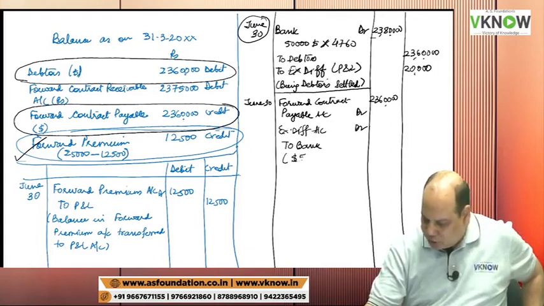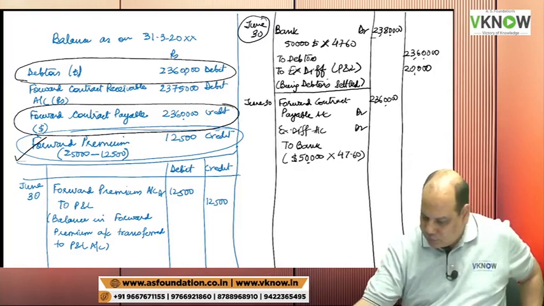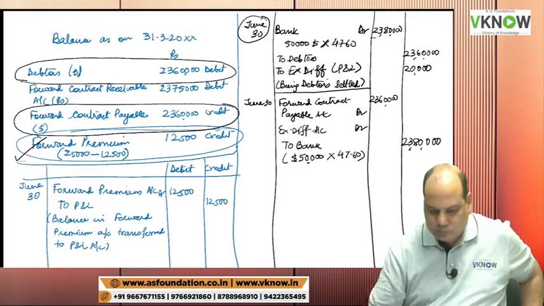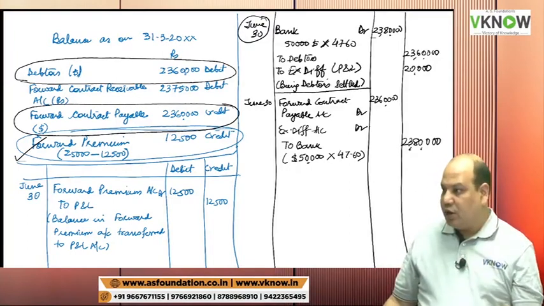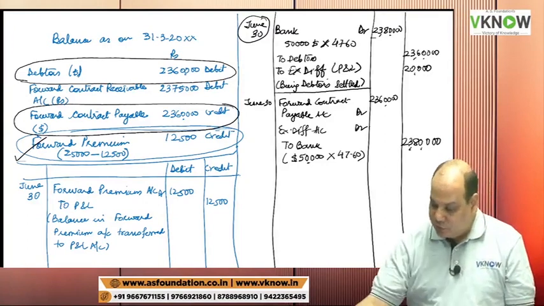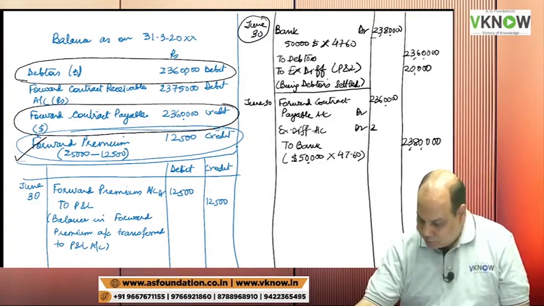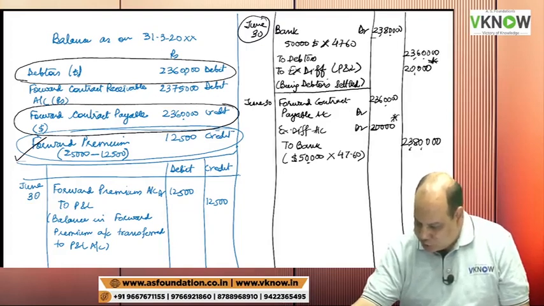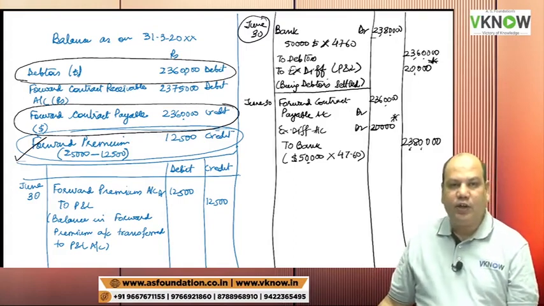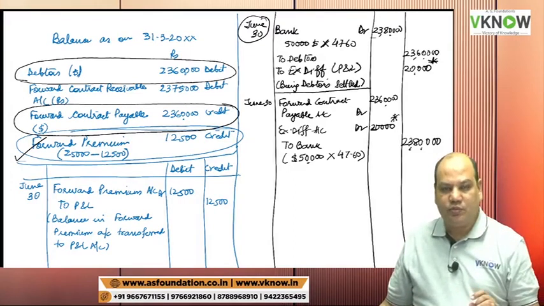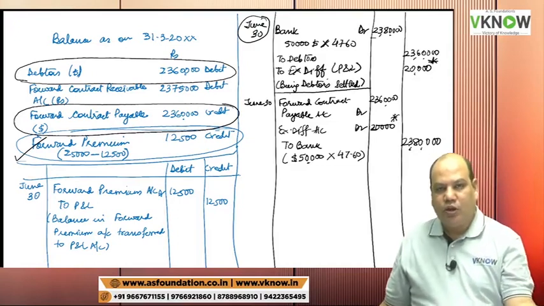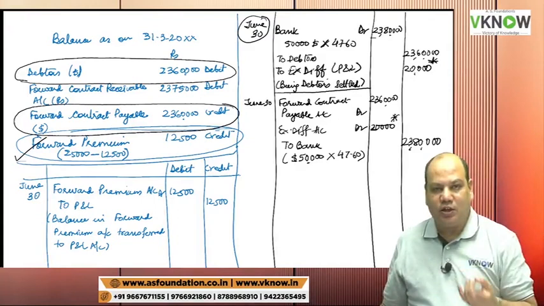I have to pay him $50,000 today as per our contract, and today the rate is 47.60. So this will come to 23 lakh 80,000. So there is a difference of 20,000, balancing figure. So you will find again in this question there is no net effect in P&L account because of these two transactions. Loss in one is compensated by gain in another one.